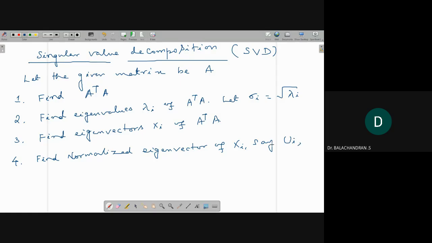And form the matrix capital U, whose columns are U1, U2, and so on. Next, step number 5.